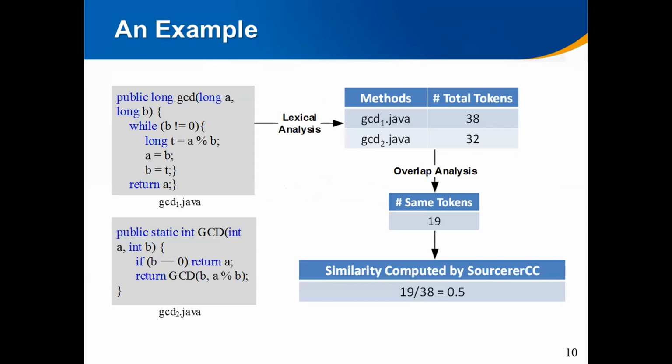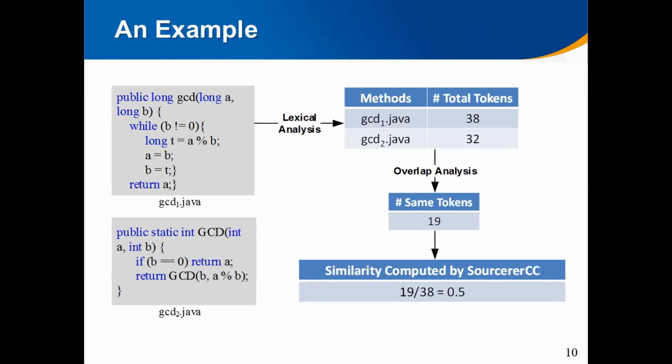We leverage a simplified example from BigCloneBench to illustrate how SourcererCC computes the similarity of 2 methods. These 2 methods both calculate the greatest common divisor of 2 numbers. We first conduct lexical analysis to parse the methods into several tokens. The analysis results show that the number of tokens in method 1 and method 2 is 38 and 32 respectively. We observe that there are 9 same tokens shared by these 2 methods.